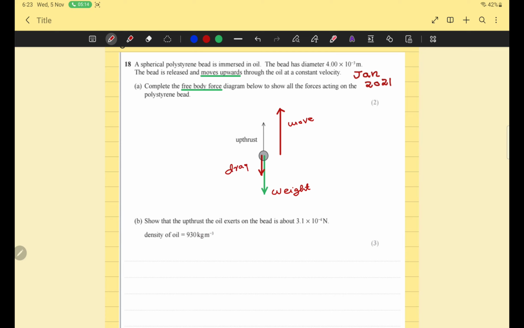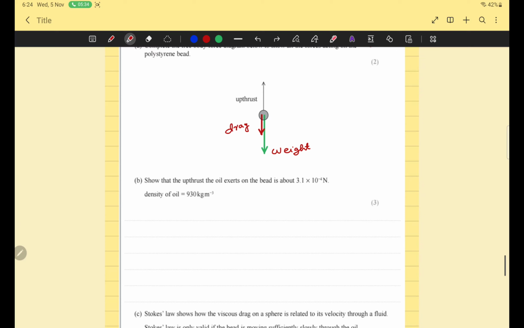The length of drag always changes because it depends upon speed, so I cannot give you any suggestion for the length of drag. So weight always acts downward, upthrust always acts upward, and drag always acts opposite to the direction of motion. As the object is moving upward, drag will be downward.